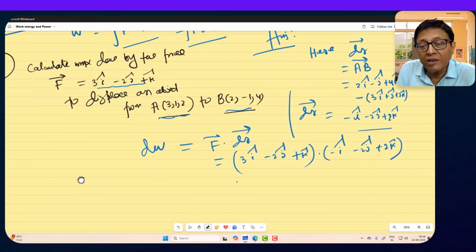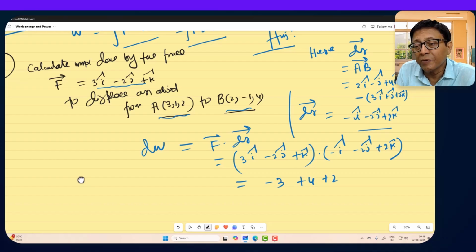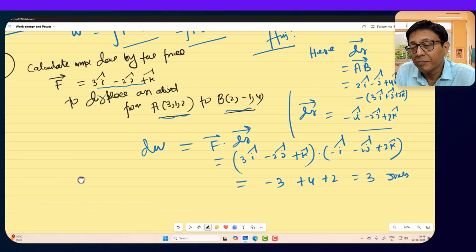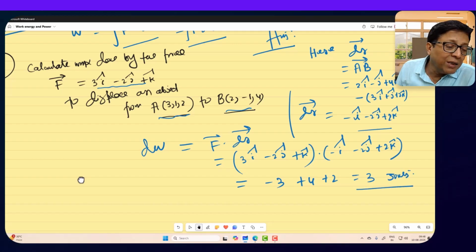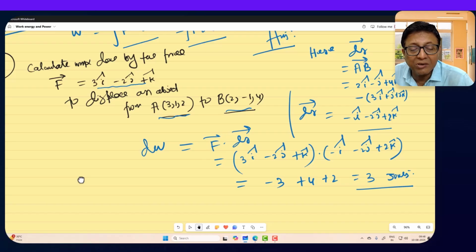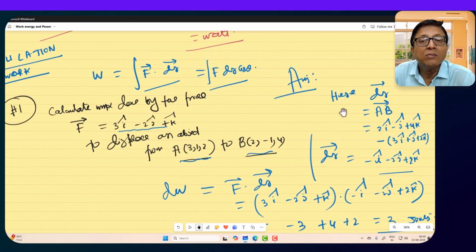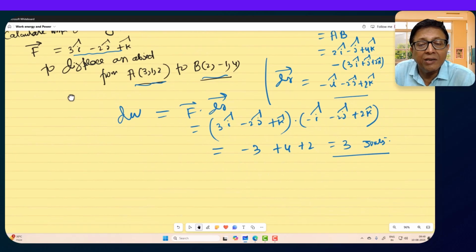So here it will be minus 3 plus 4 plus 2. That is 3 joules. So work done in this case is going to be 3 joules. This is the simplest application of the formula you got, that dW equals F dot dr. We need not integrate, that's why.